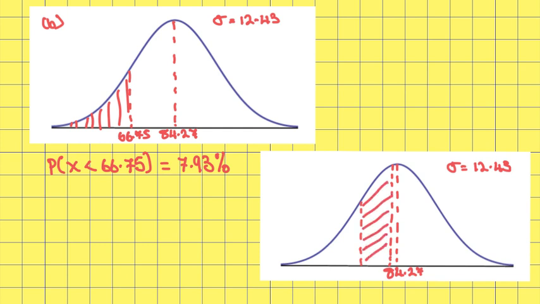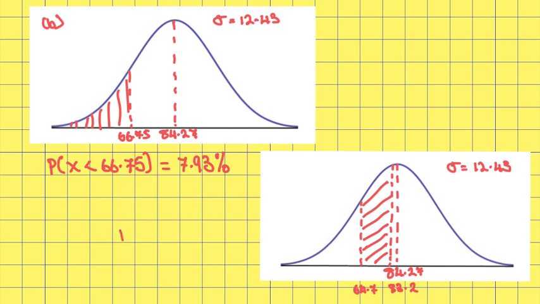So my lower bound is 64.7 and my upper bound is 83.2 when I put it into my TI Nspire.